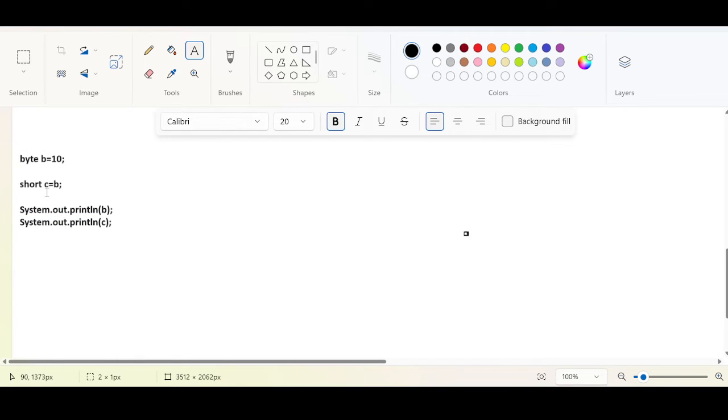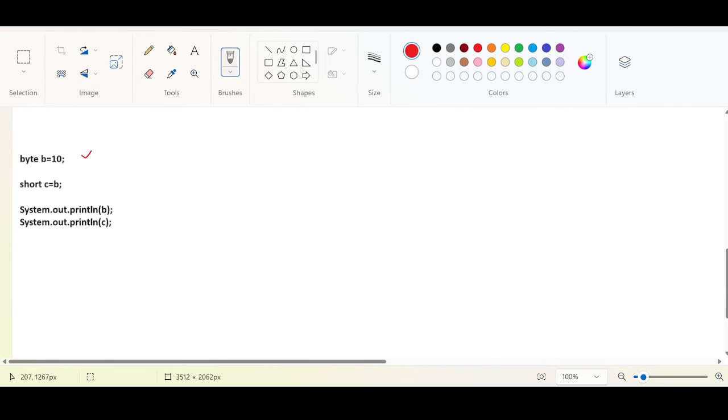So byte B. The first line is byte B equal to 10, right? So internally 1 byte of memory will be allocated. We have seen these things in the bit manipulations. I request you to visit those videos once again. So 8 bits of memory will be allocated.